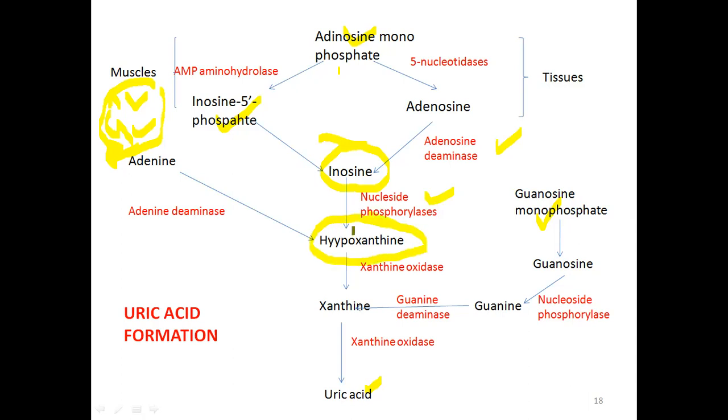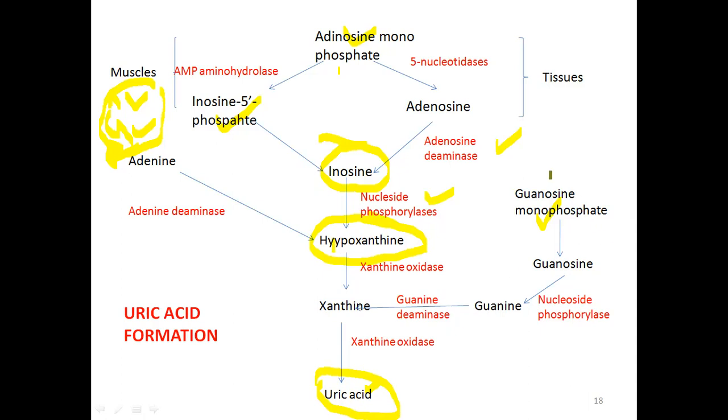There's a correction: hypoxanthine can be formed from the adenosine. Now, adenosine and inosine result in formation of hypoxanthine, and hypoxanthine forms xanthine, and xanthine forms uric acid.